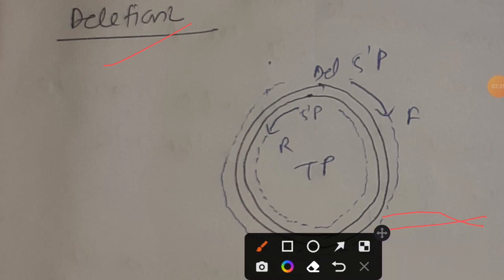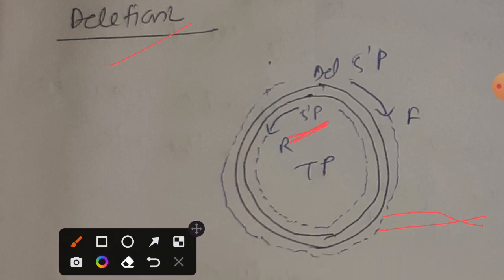As you can see here, we are using two primers, one forward and one reverse, and those forward and reverse primers are placed at some distance. As a result, the DNA synthesis will occur in that manner, but that portion will remain unreplicated.